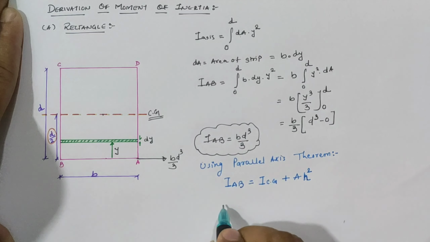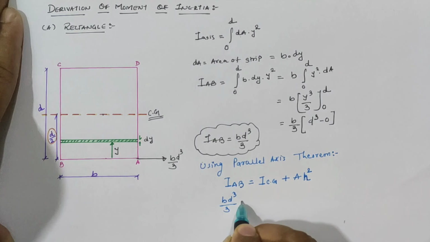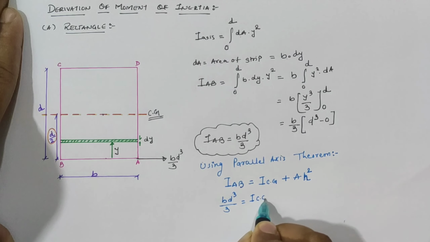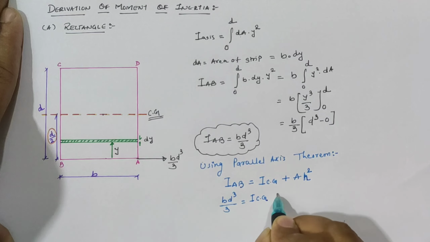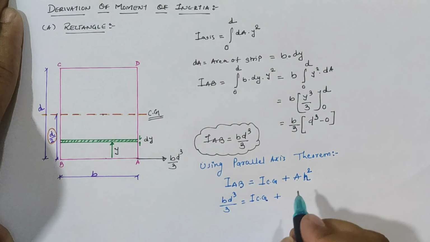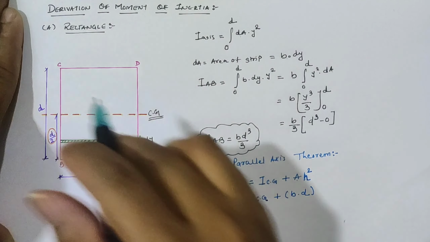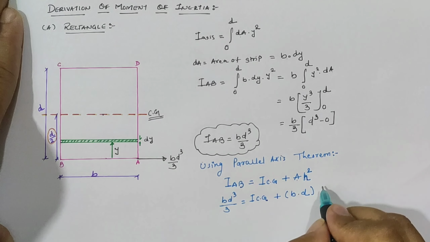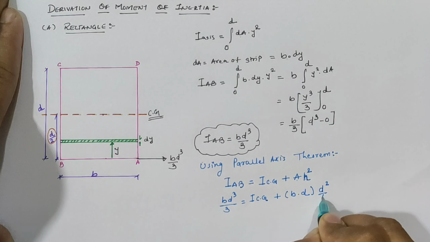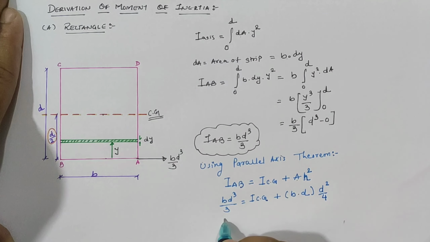So let us put the value. Now I_AB is known to us as bd cube by 3. I_CG is unknown to us, which is going to be calculated. Now area of element is b into d, h is d by 2 and its square is d square by 4, hence bd cube by 3 is equal to I_CG plus bd cube by 4.